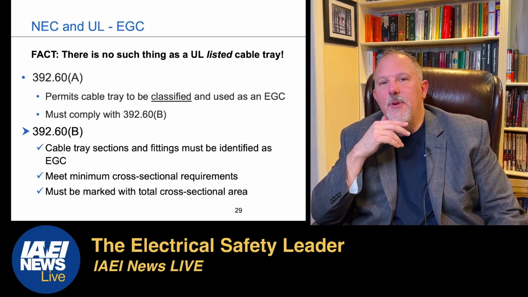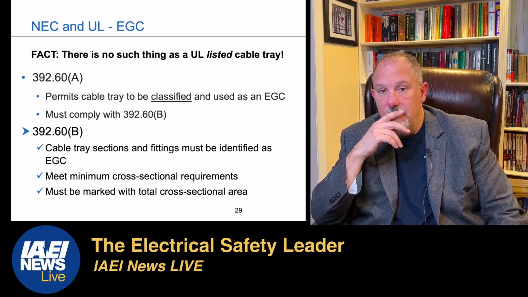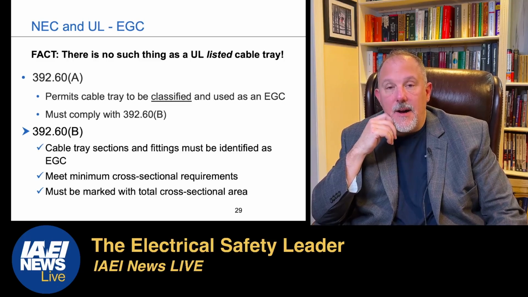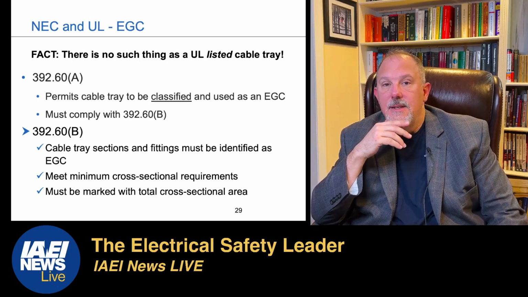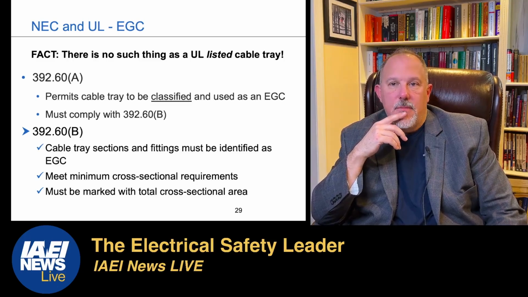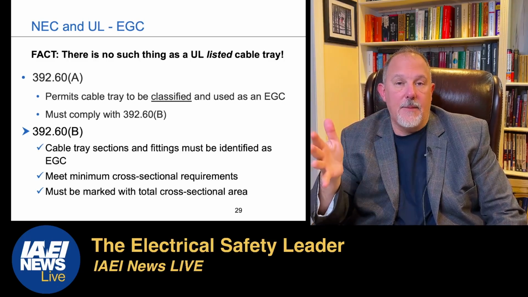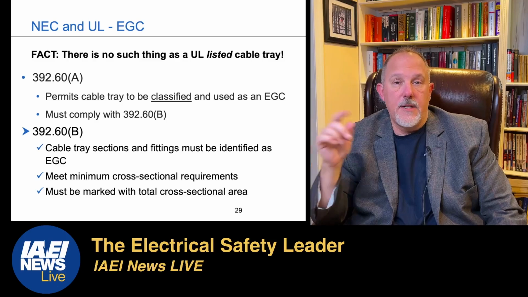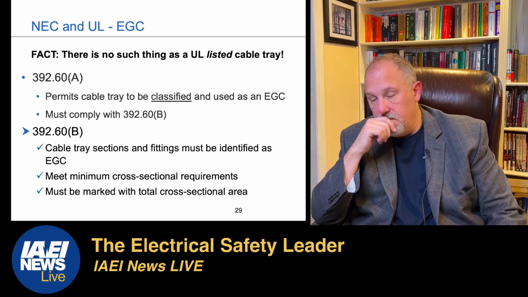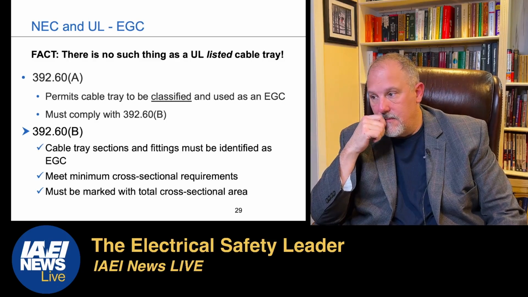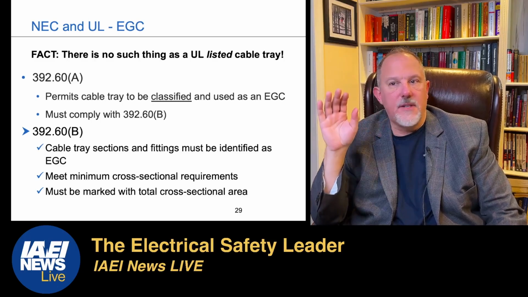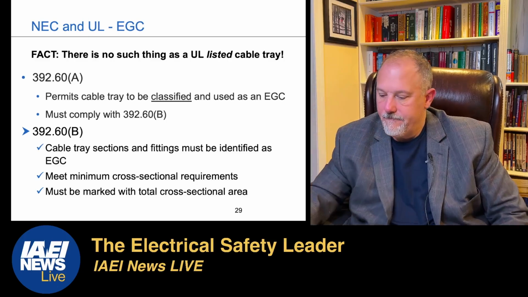But what if I put ground fault protection of equipment? And now I could go at 30 milliamps. I could go at 100 milliamps. I could go at 5 amps, 10 amps. Remember, ground fault protection of equipment doesn't have a specific value. My effective ground fault current path is current going outside the path.